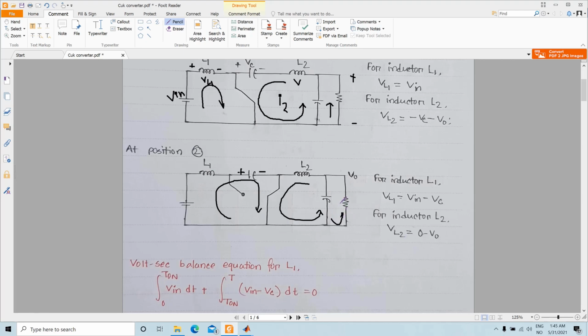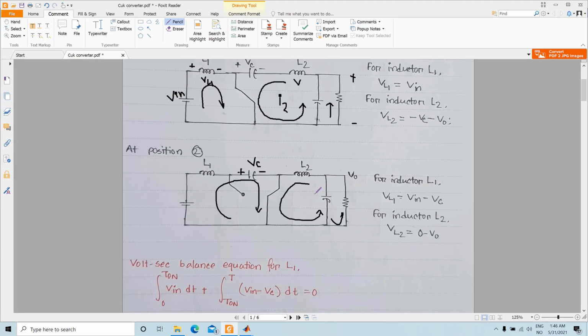In this case, the voltage across L1 is Vin minus Vc. If you apply KVL, VL1 is Vin minus Vc. For inductor 2, VL2 is the voltage appearing across the output, if we apply KVL.